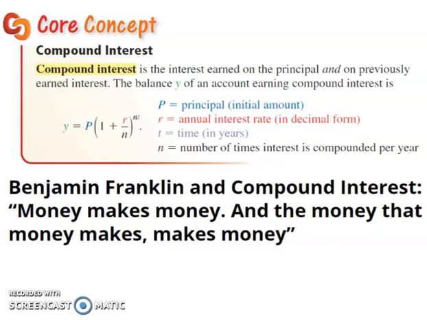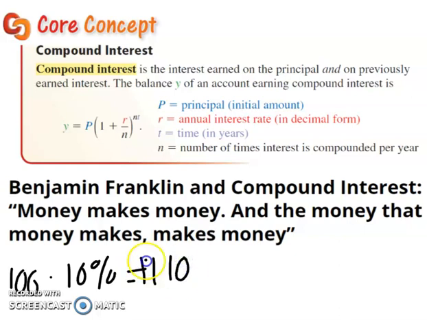So essentially what's going to happen here is, let's say we have $100, and we get 10% per year. Well, now guess what? That's $110. Now I'm going to multiply that again by 10%. That's now $121.